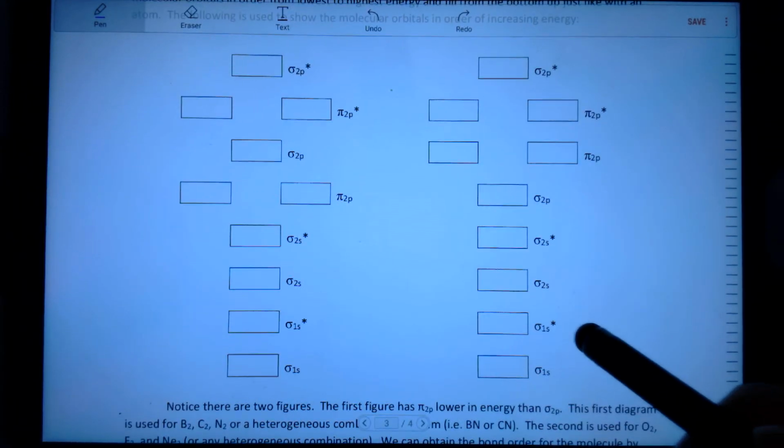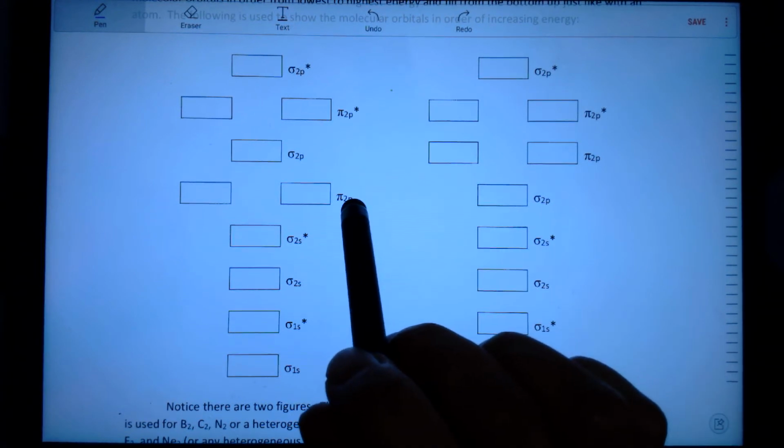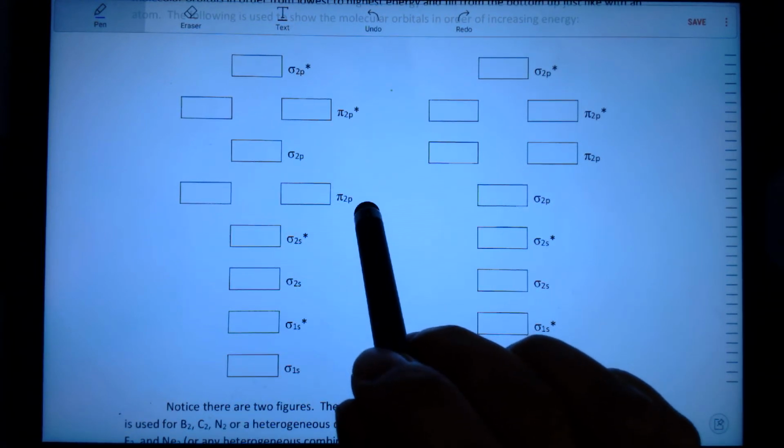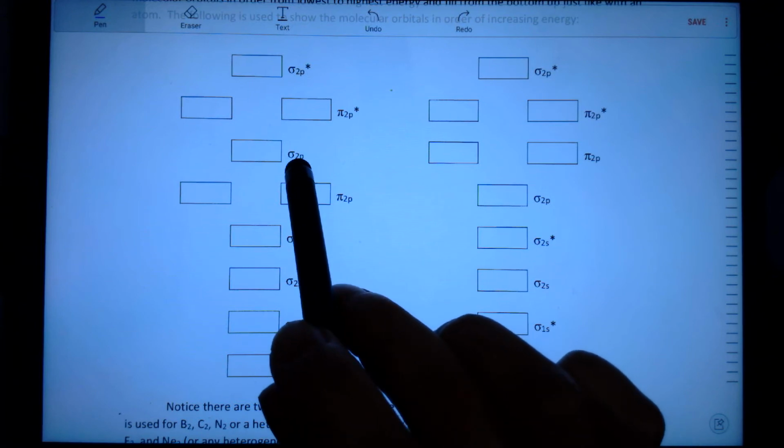Let's go through now and look. You see there's a slight difference. In this one we have the pi 2p lower than the sigma 2p. Over here, those are flipped: the sigma 2p is lower in energy than the pi 2p.